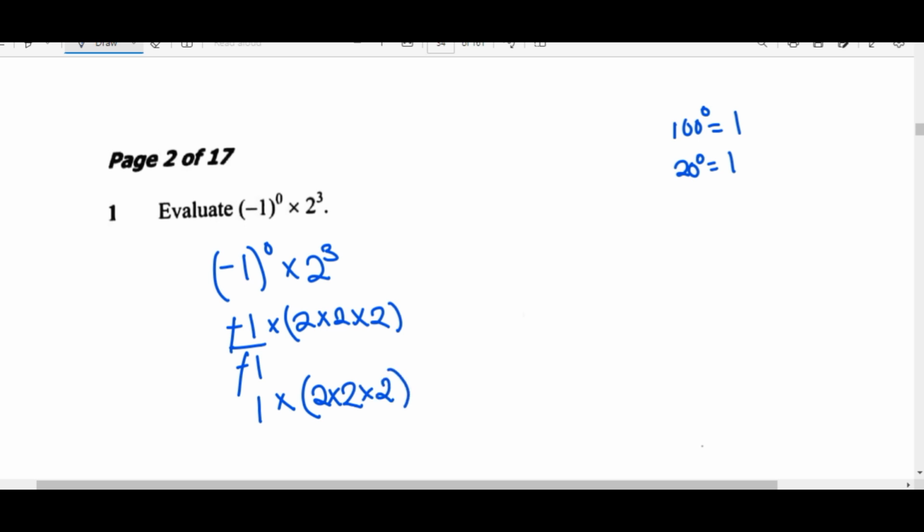So the answer is 1 times 2 times 2, that is 4, and then 4 times 2, that is 8. So the answer is 1 times 8, which is 8. As simple as that.